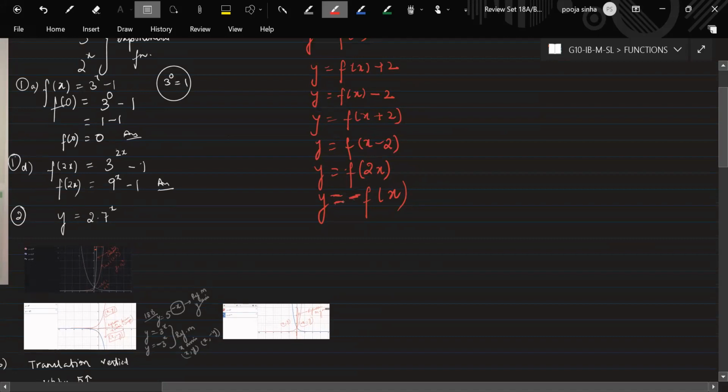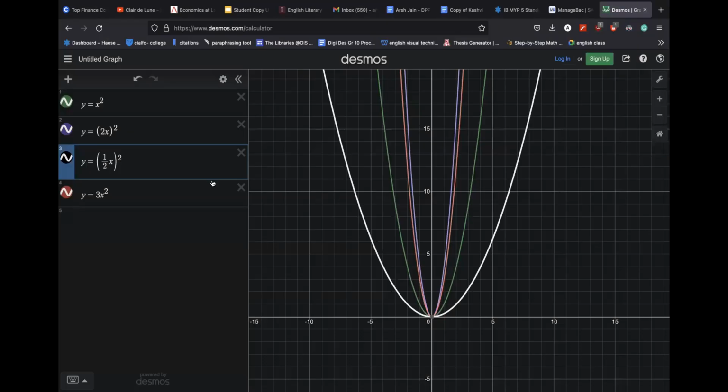Do it on Desmos and check. It'll shrink, right? Do it on Desmos. No, it will not shrink. Ash, share your screen again. Yes, miss. I'm just writing the vertical dilation. Miss, should I remove all these?